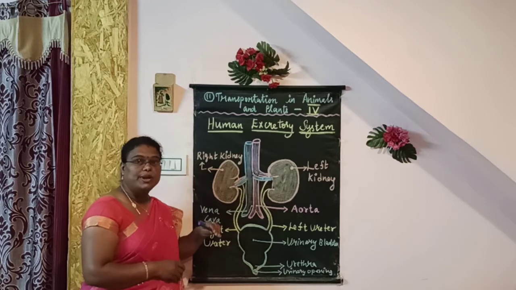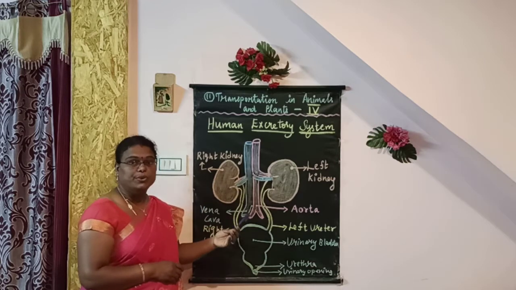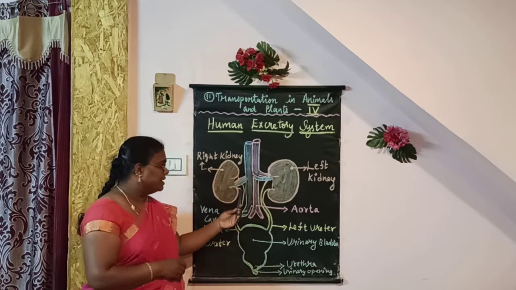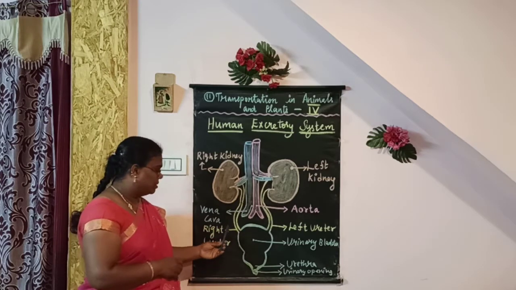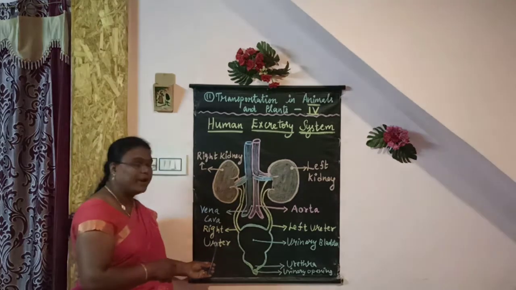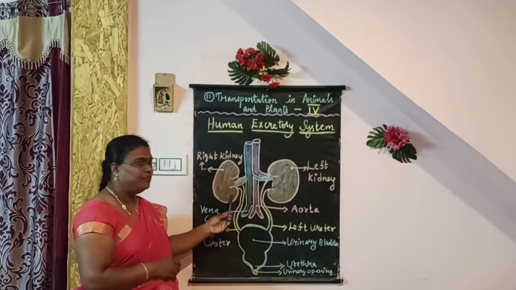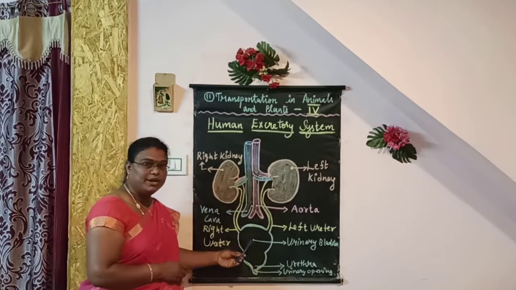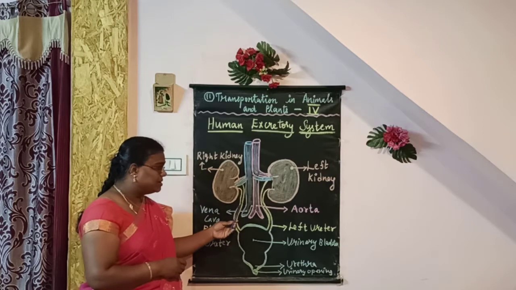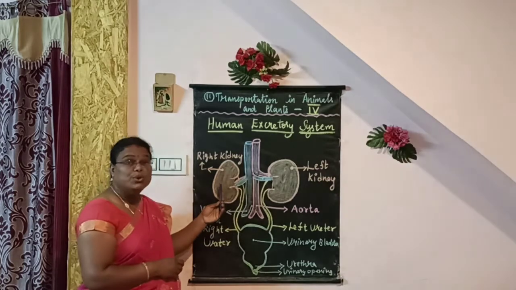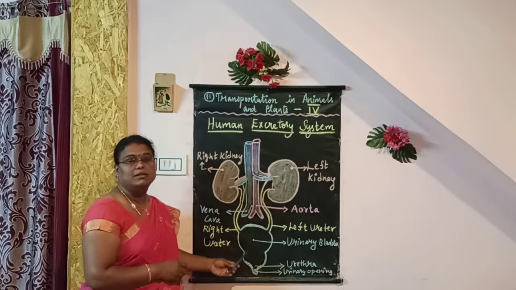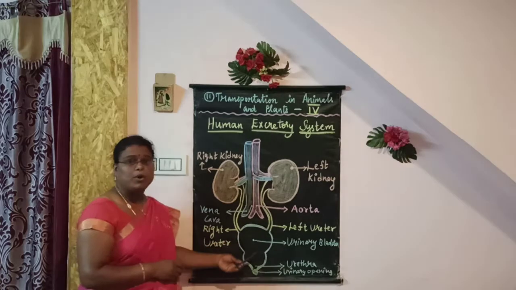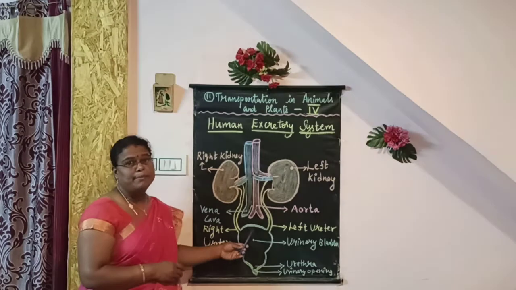That moves from the kidney to the urinary bladder through a tube called the ureter. The ureter collects the urine from the kidney and brings that final product to the urinary bladder.